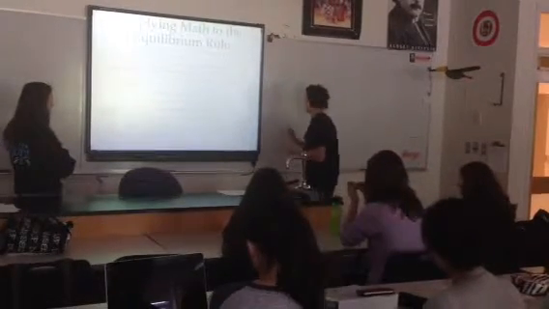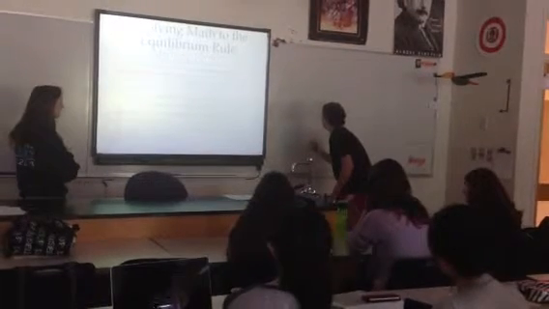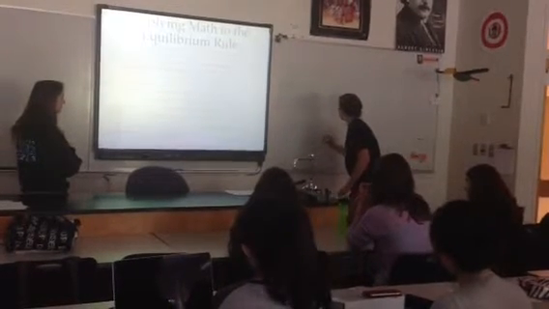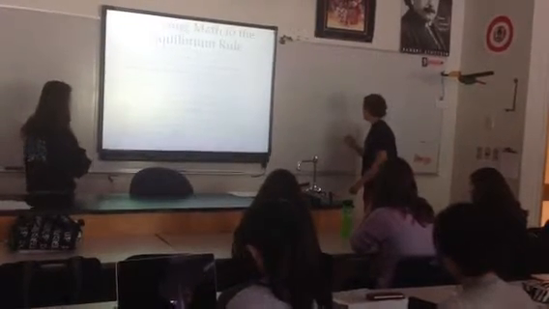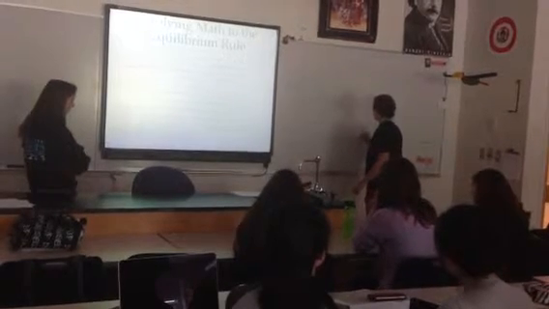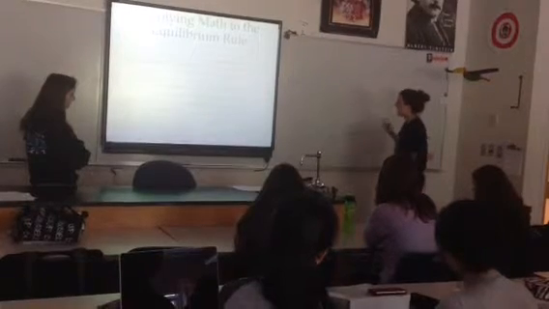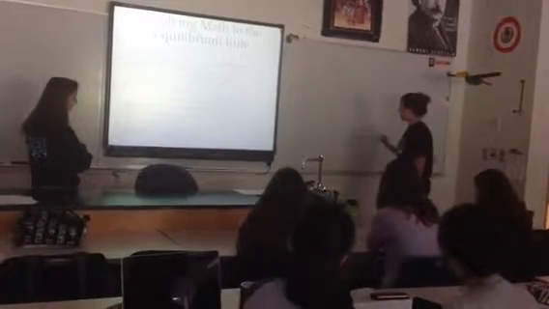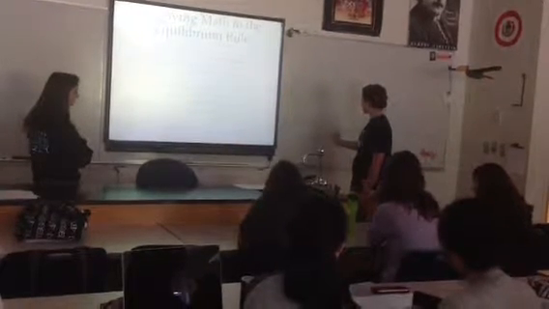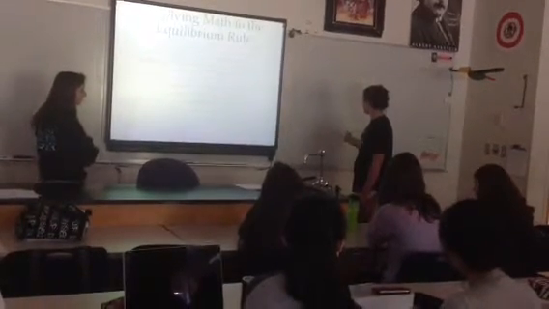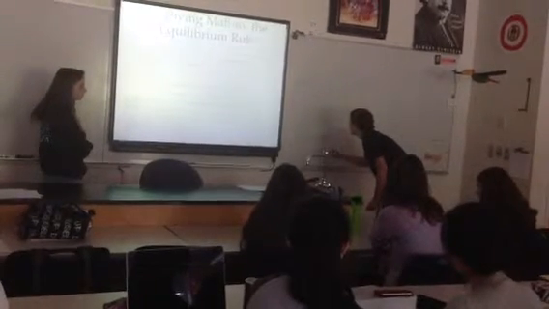So 350 newtons plus 350 newtons minus 550 newtons, because weight is downward, minus the weight of the board equals 0. So 350 plus 350 is 700, minus 550 equals 150. So the weight of the board has to be 150.